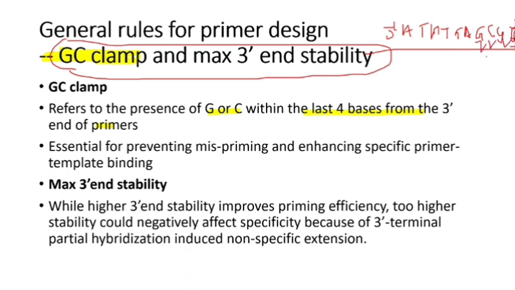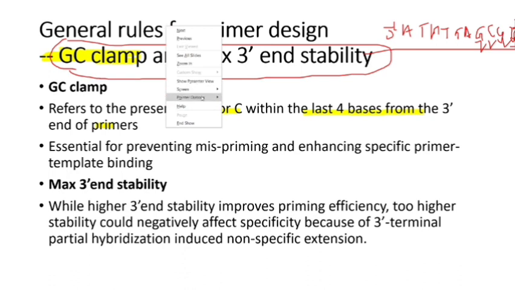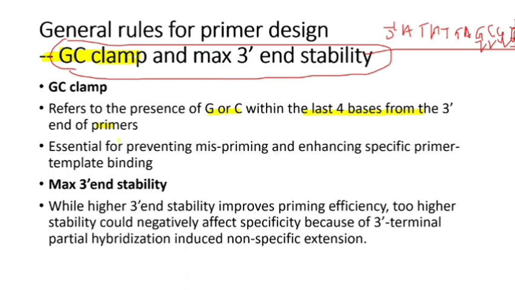The GC clamp is essential in preventing mispriming and enhancing specific primer-template binding. Because GC bonding is a triple bond, it binds firmly to the template, allowing further base pairing and proper annealing of the primer. So GC clamp is very important.